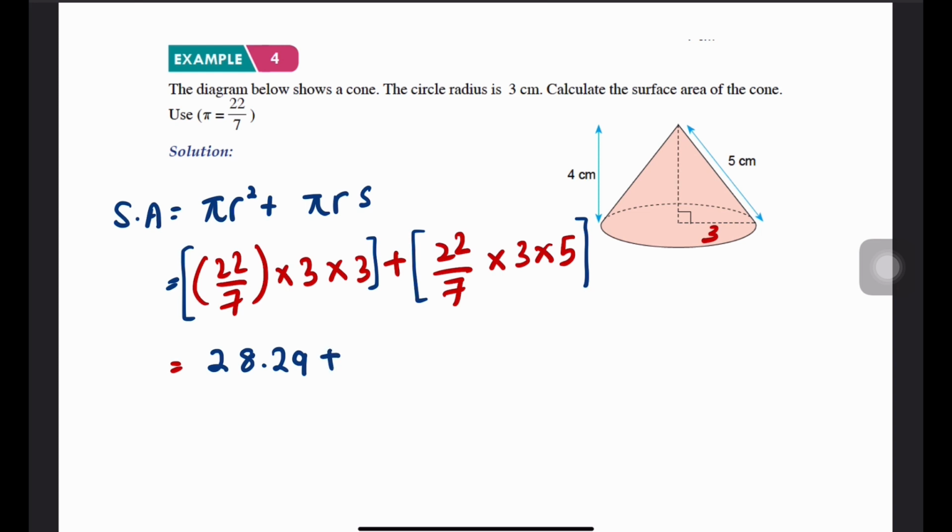Plus this behind part is 47.14. Okay, it's appropriate to take it to 2 decimal places untuk form 2. Okay, so press your calculator. 75.43 centimeter square.